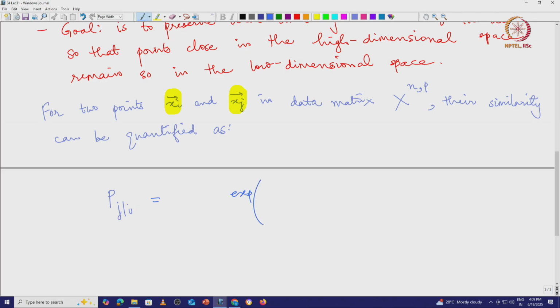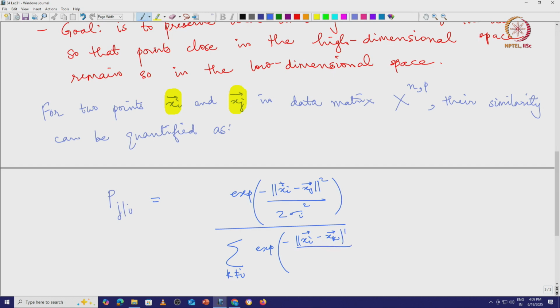So exponential of the norm xi minus xj squared divided by 2 sigma i squared, divided by the sum over k not equal to i, so sum over all the other points the same factor, the norm of xi minus xk squared divided by 2 sigma i squared, okay, and this is for j not equal to i.